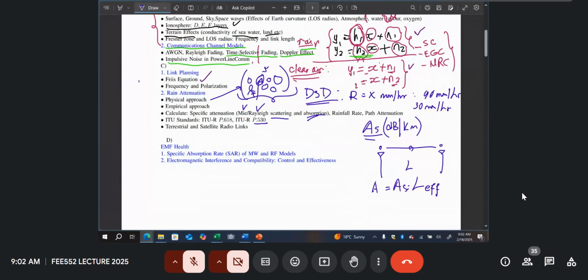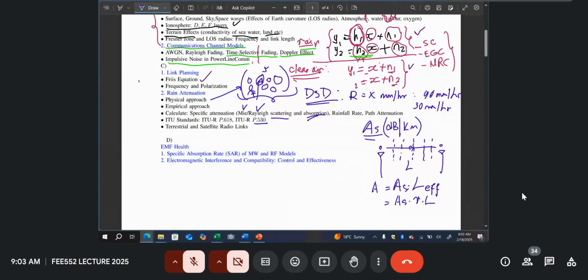Effective because when it rains, there are spaces between the raindrops. It's not just fully covered with rain. So we need to consider that if you put these raindrops together, you have some reduction factor, or path factor, times the real link length, and that will give us the attenuation over that link.